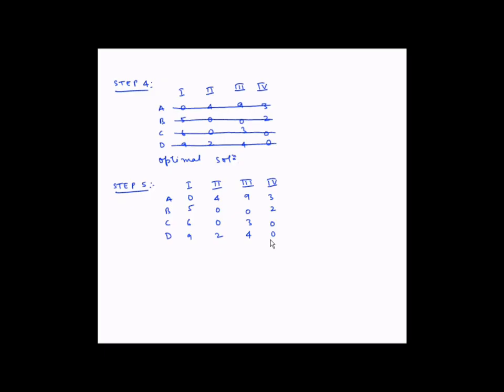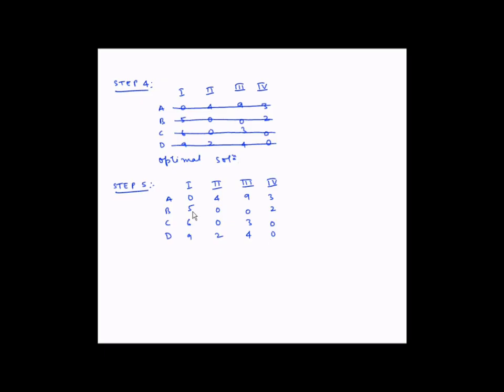Basically, by doing this, we are first going to assign tasks to subordinates which have only one possible best solution. Since we have then assigned the task to the subordinate, it cannot be assigned to any other task, and hence we will cross off all other zeros for that subordinate.